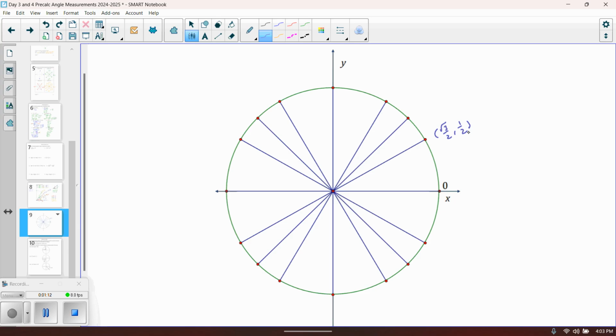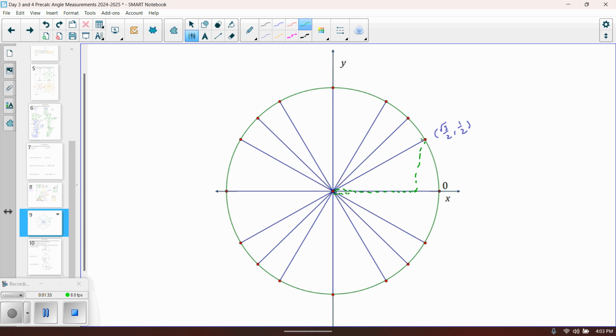Everything in the unit circle is based upon symmetry, which should ultimately make sense because that square root of 3 over 2 is the distance in the x direction, and that 1/2 is the distance in the y direction.